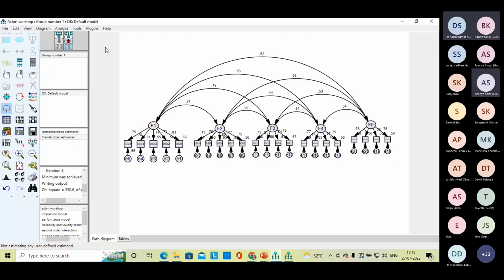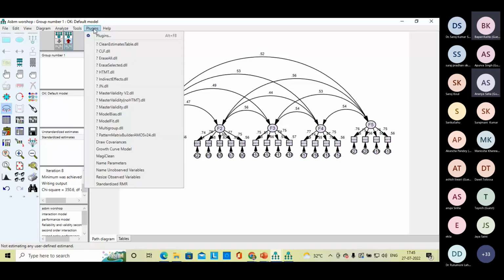I have already plugged it in. All of you please look at here and concentrate. I am going to the plugin. Then I am clicking on Validity Master.